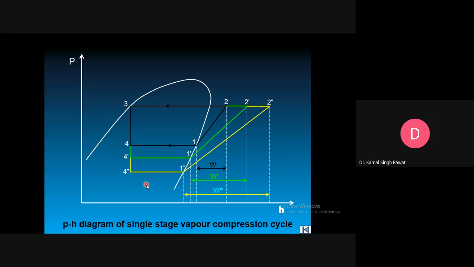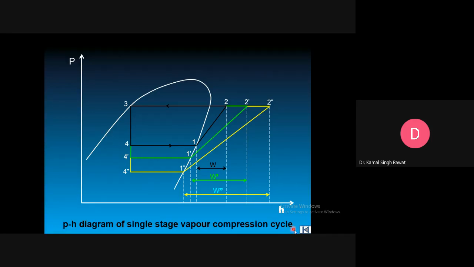Okay. So if you want to achieve the refrigeration in range of minus 30 to minus 100 degrees centigrade, and if you want to achieve this temperature range with the single vapor compression refrigeration system, our COP will be very low.